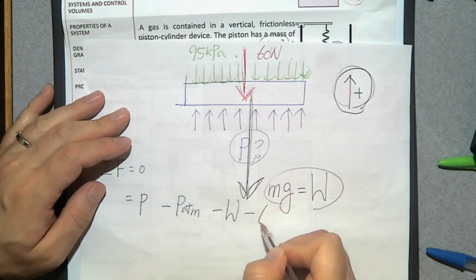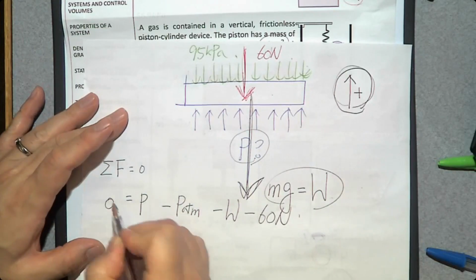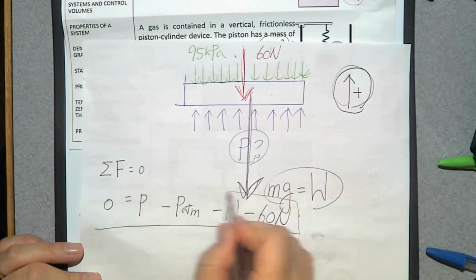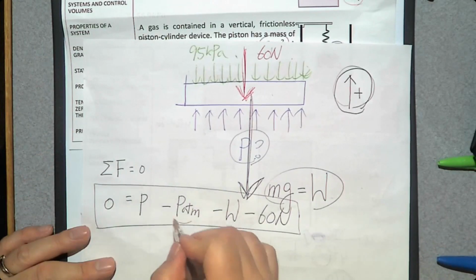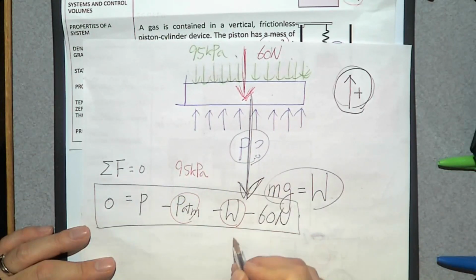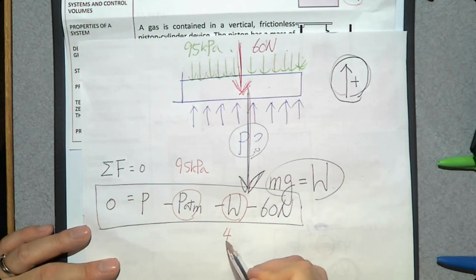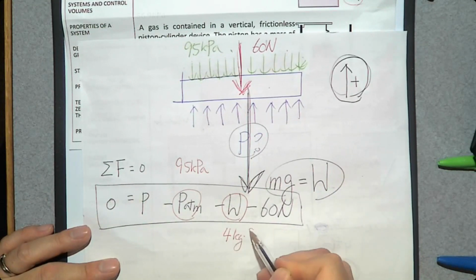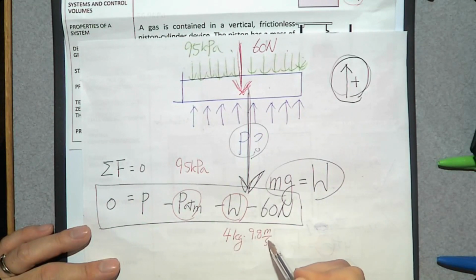Negative. Minus 60 Newton. Should be 0. Here P ATM is going to be 95 kilopascal. And here weight is going to be 4 kilograms times gravity 9.8 meter per second square. So if you solve it, you get P.